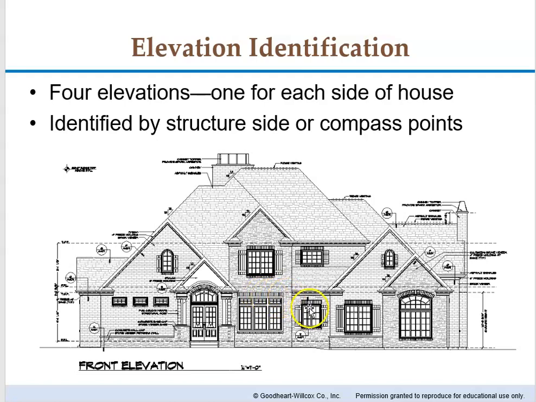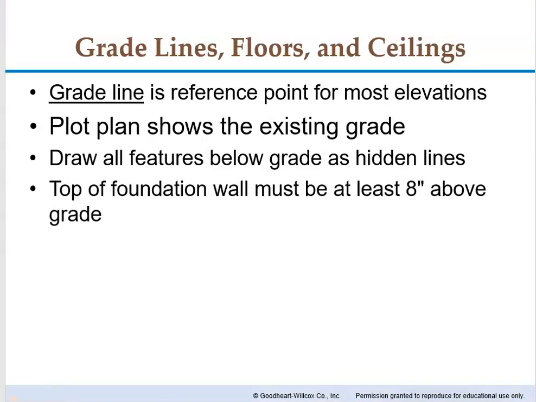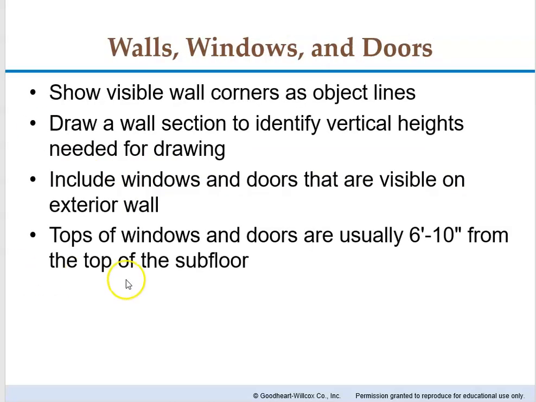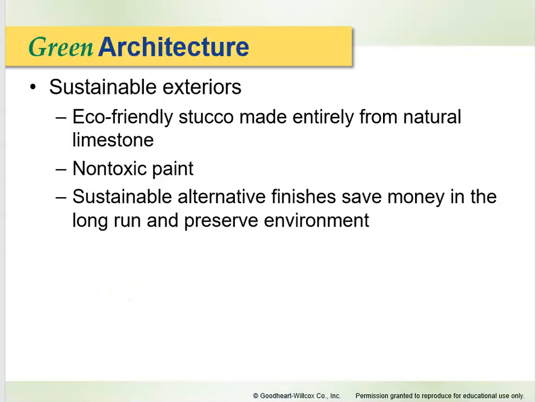Header height is your top of windows and top of door, and header height is what we're talking about when we talk about that 6 foot 10 inches. So you want your top of window to match top of door most of the time. Okay, so that was here, and that is it.